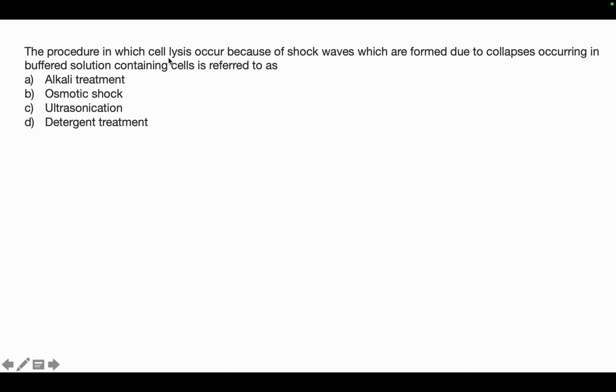The procedure in which cell lysis occurs because of shock waves which are formed due to collapses occurring in the buffered solution containing cells is referred to as... Shock waves are created in ultrasonication. Ultrasonication uses sound waves of more than 20 kilohertz, right? Alkali treatment uses NaOH or KOH.